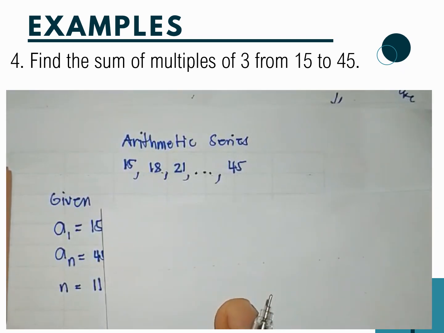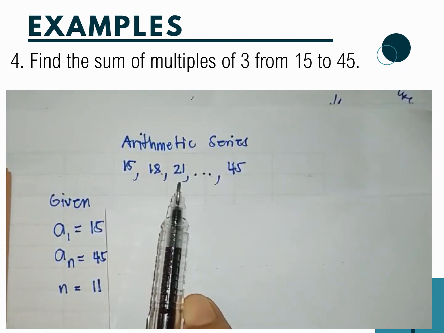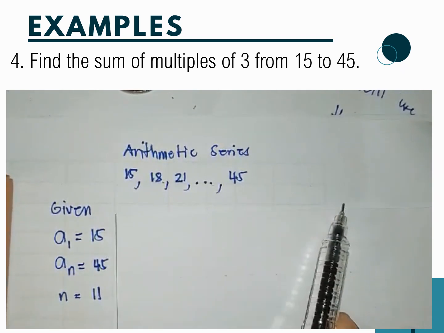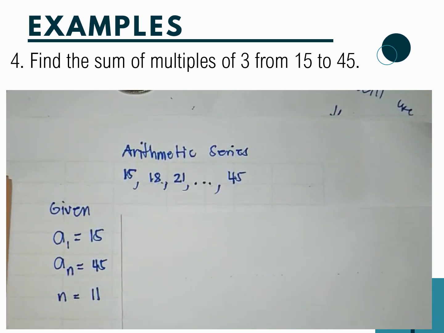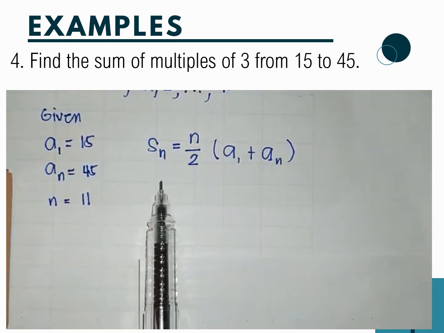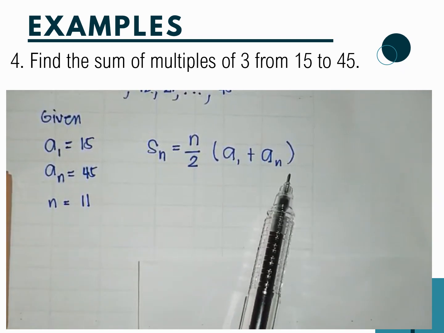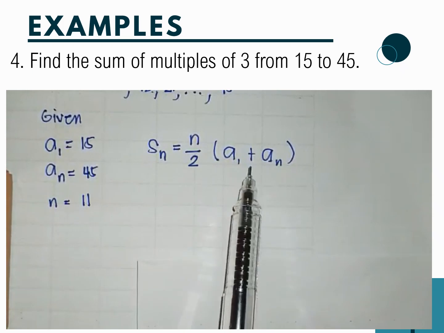Let us now continue with the arithmetic series. Again, we have 15, 18, 21 until 45. The givens will be a sub 1 is 15, a sub n is 45, n, or there are 11 terms. Again, if the sequence is finite, we will use this formula, or if a sub n is already given.